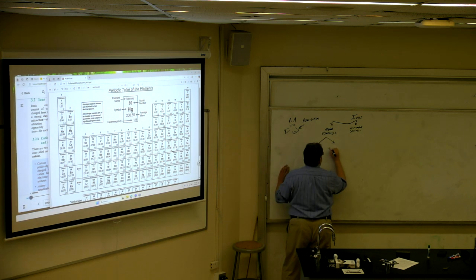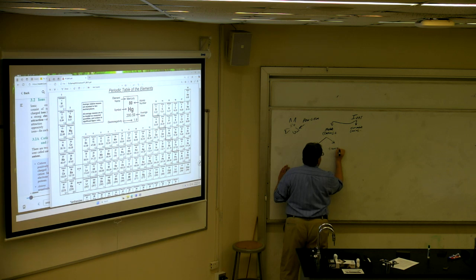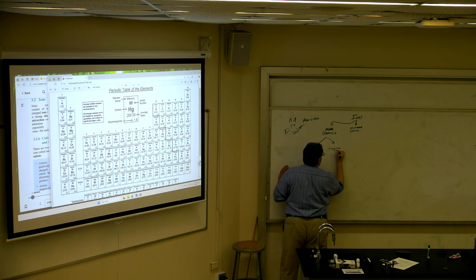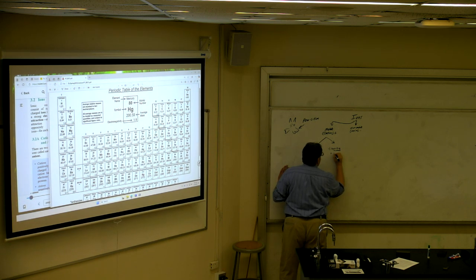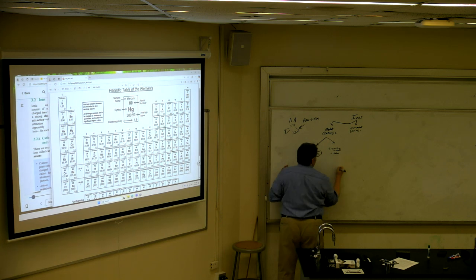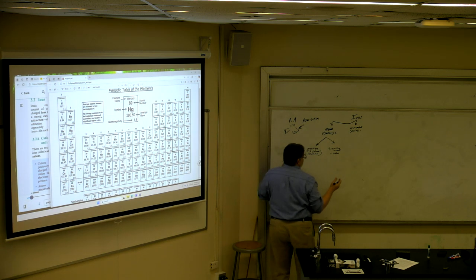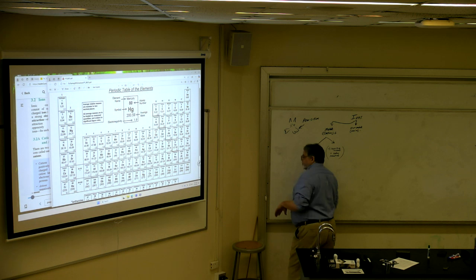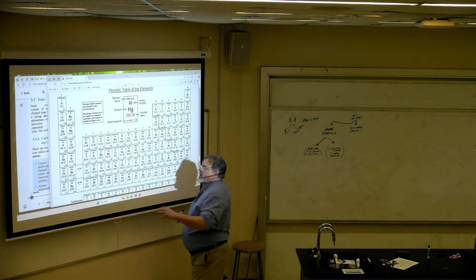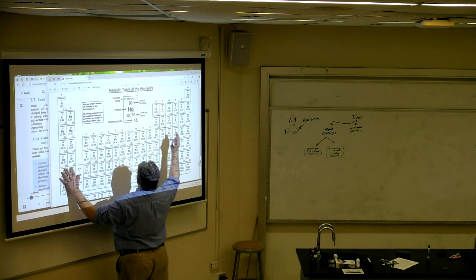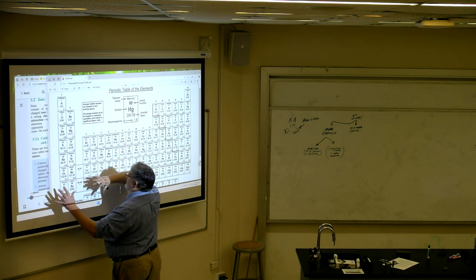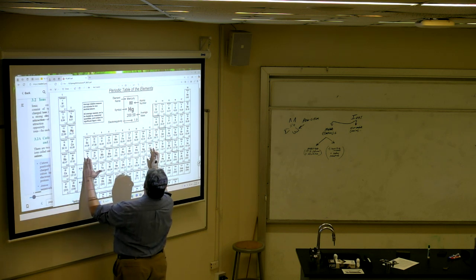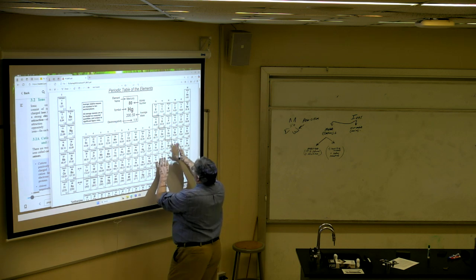And then the transition metals plus the metals below the metalloids. So I'm splitting into all of these and aluminum into one group of metals, and another group of metals is the transition metals plus these below the metalloids.